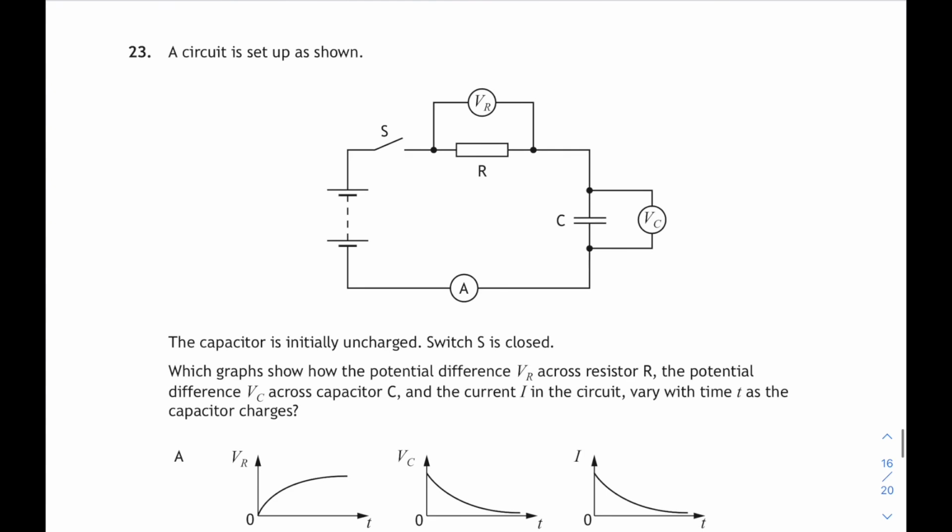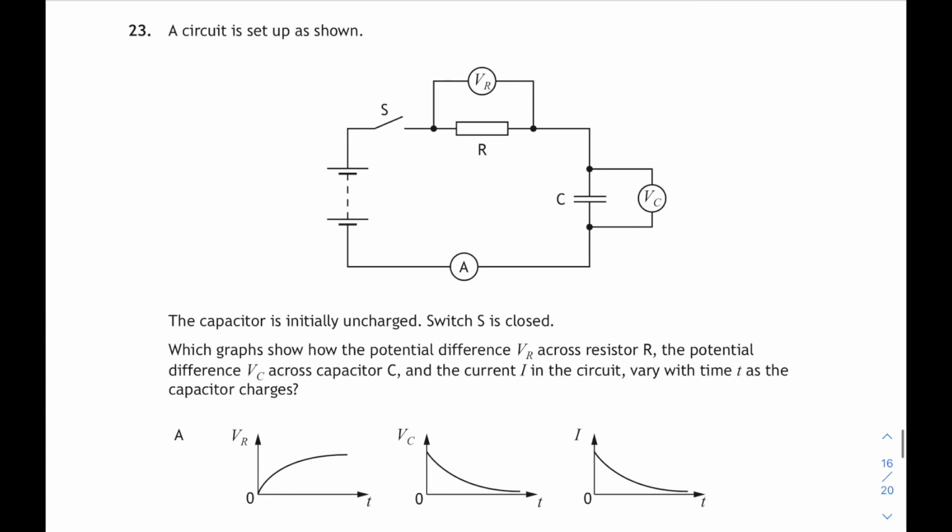Question 23, again a circuit is set up as shown and the capacitor is initially uncharged, then the switch is closed. Which graphs show how the voltage across the resistor, the voltage across the capacitor and the current in the circuit vary with time as the capacitor charges? So we're looking for a graph of VR, VC and the current on the ammeter.